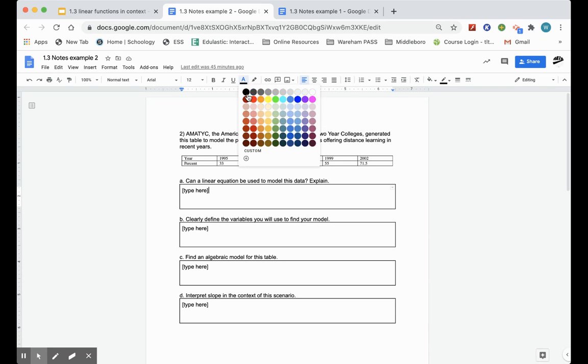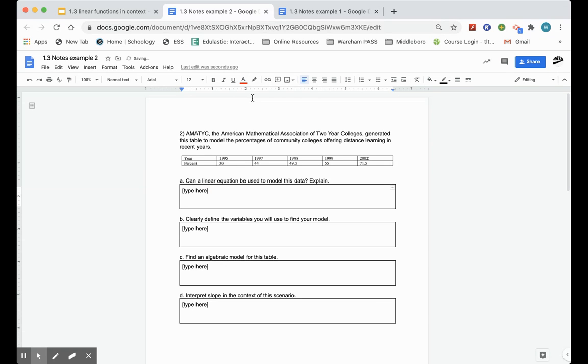So yes, there's a constant rate of change, so we can model this with a linear function, since there is a constant rate of change.